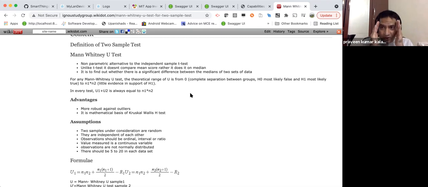But when it comes to a non-parametric test, the mean doesn't hold any good. Say you have rank data. You have 50 students and you collected ranks. I ranked the students, and now I'm taking the mean of these ranks. Does it signify anything?